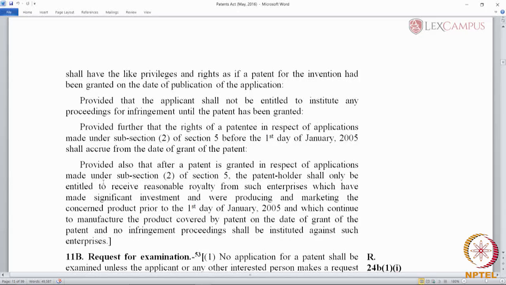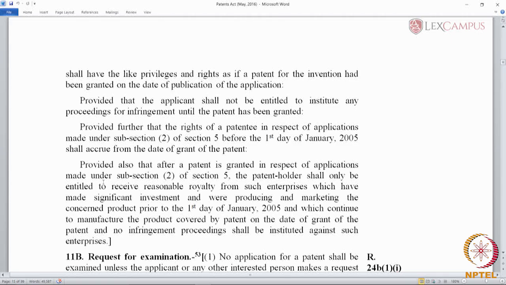Now, the objective behind that arrangement was that India will start scrutinizing applications for pharmaceutical products after 2005, but there will be an interim arrangement to receive these applications, because companies would have been inventing and filing applications around the world for pharmaceutical products.